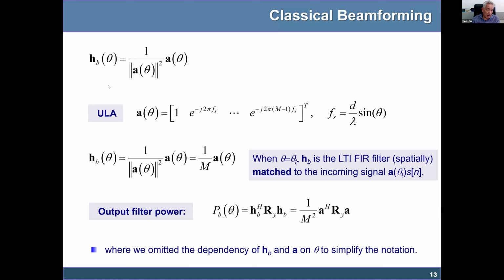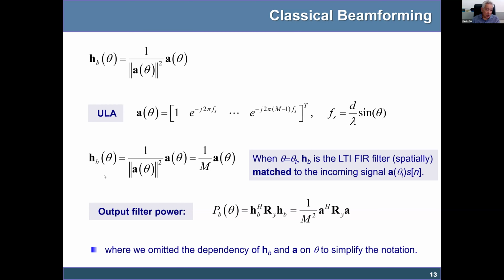So for example, if the array is Euler, the energy of the array response is the energy squared. So the energy is 1 plus 1 plus 1, m times, so it is m. So if the array is Euler, the solution of the optimization is this one.